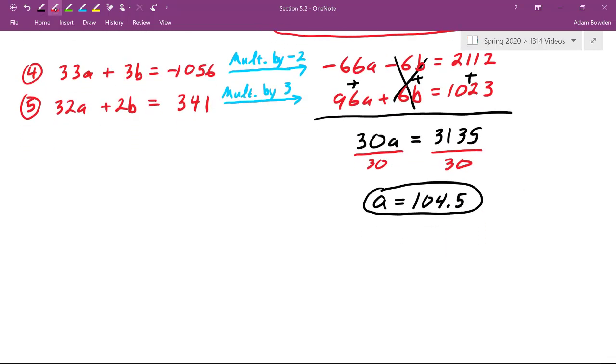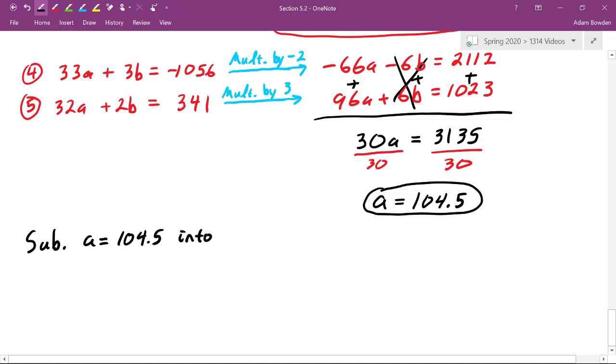Okay, now we're ready to finish this up. I'm going to substitute a equals 104.5 into either equation 3 or 4 or equation 5. Here I'm going to use equation 5. That would look like 32 times 104.5 plus 2b equals 341.